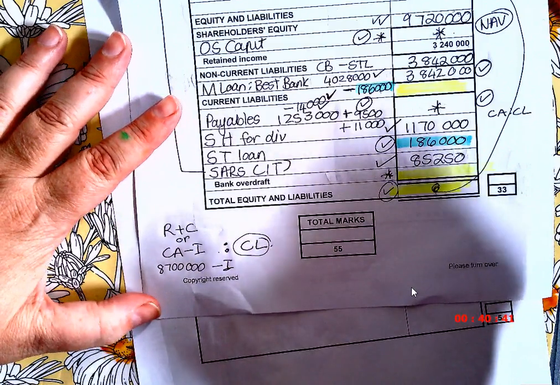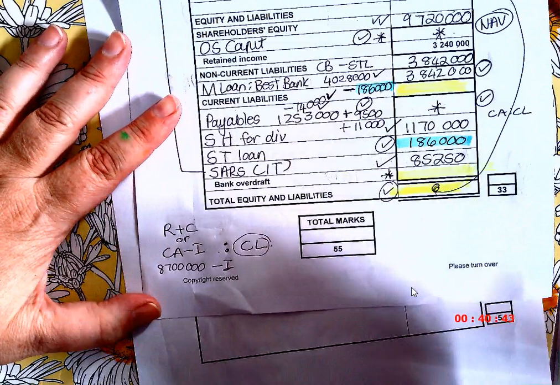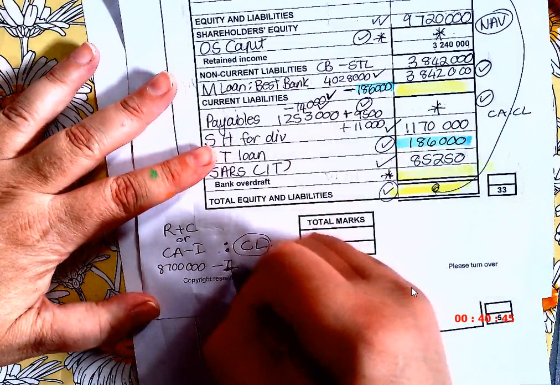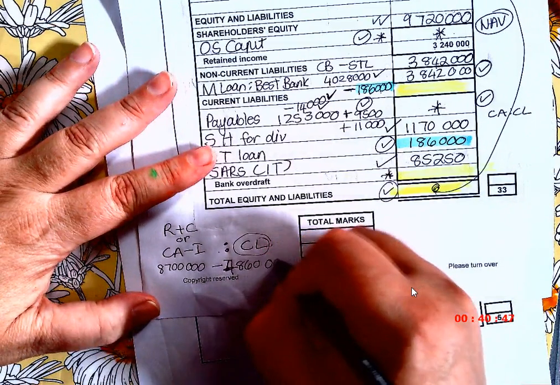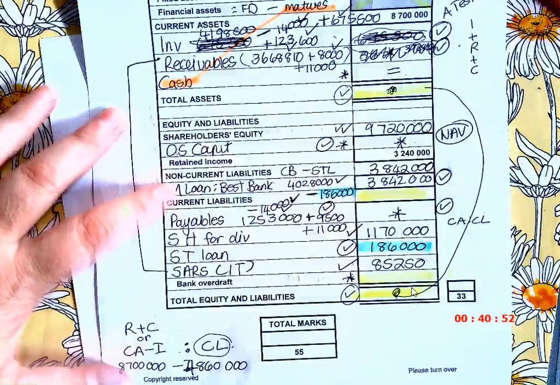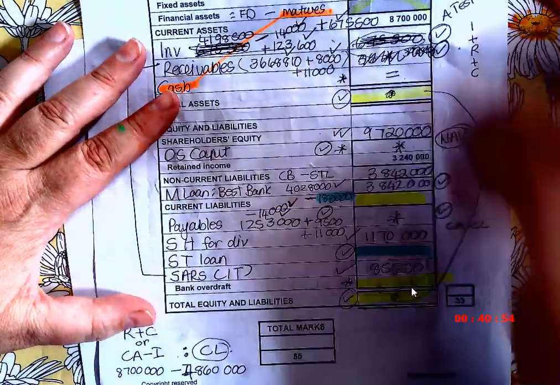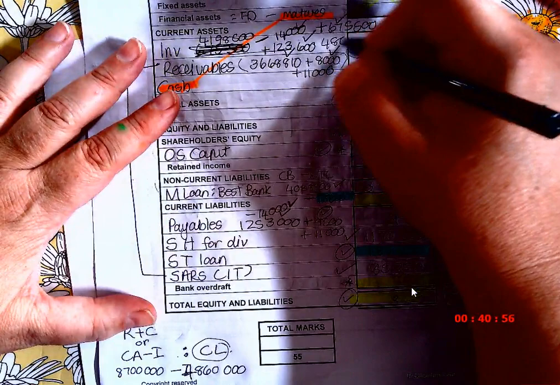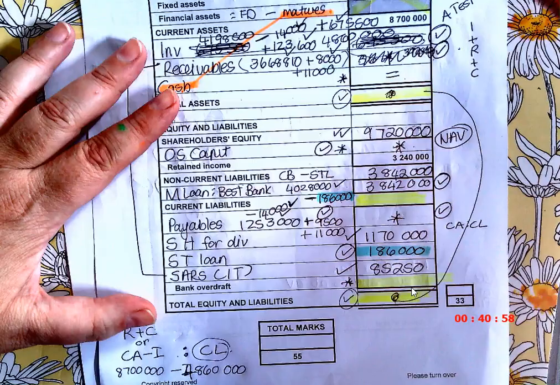Look on the memo quickly. What is it? 4860. Okay. That one there. It's that one that should go there.